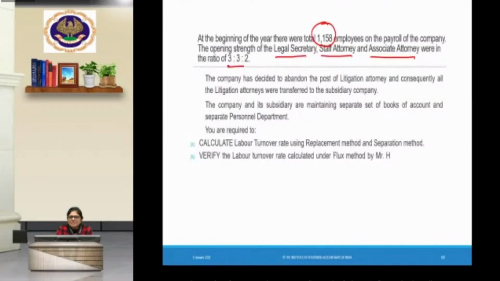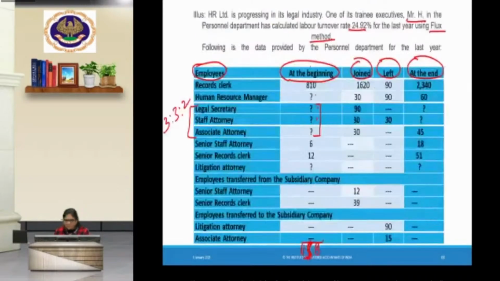The company has decided to abandon the post of litigation attorney and consequently all litigation attorneys are transferred to the subsidiary company. So they are abandoning the post. That means there will be no litigation attorney at the end. So at the end, litigation attorney is nil.